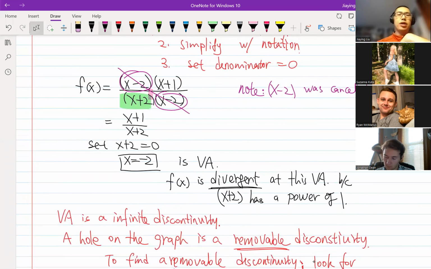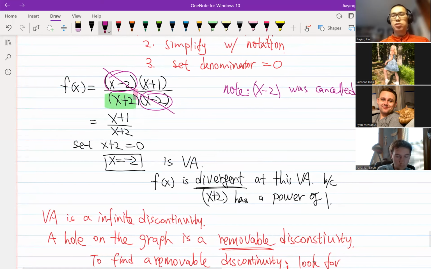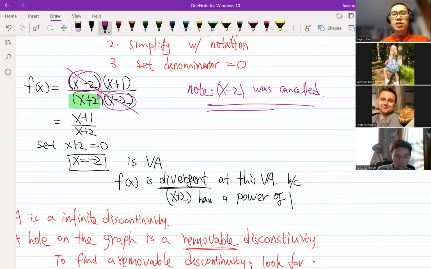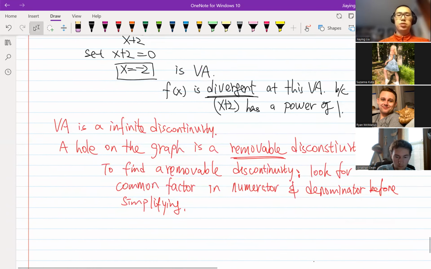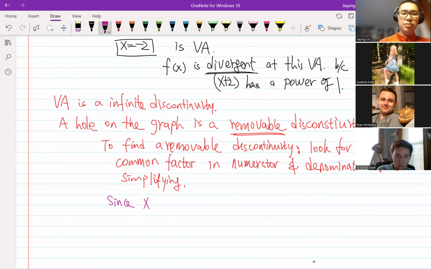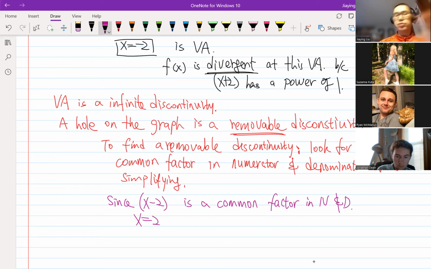Now, if you remember earlier, I said, when we simplify, we cancel x minus 2, but we had to make a note of that, right? So this x minus 2 is where the removable discontinuity is going to be, which is x equals 2. Since x minus 2 is a common factor in the numerator and the denominator, we don't take negative 2, we take the opposite number, x equals 2 is where the removable discontinuity is.